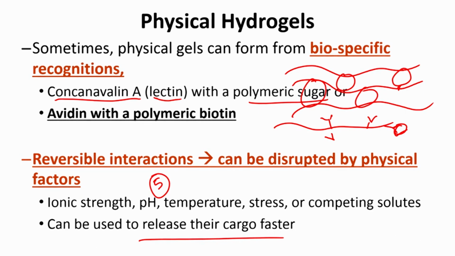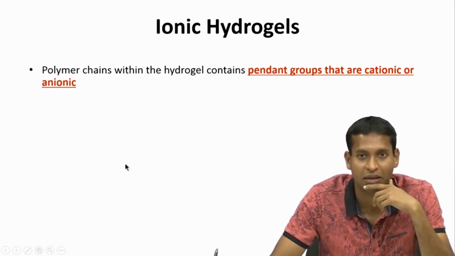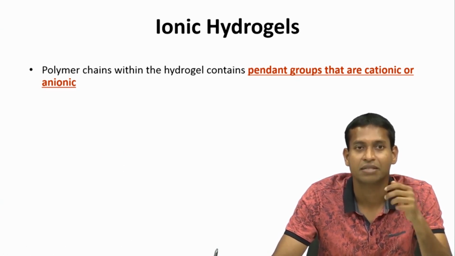So at a pH of 7 they are interacting well, and it will remain as a structural particle or a structural gel, but once the cell takes it up and brings the environment locally down to pH of 5, then they will just break apart and release whatever was present in the system.